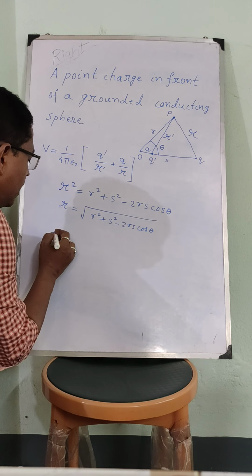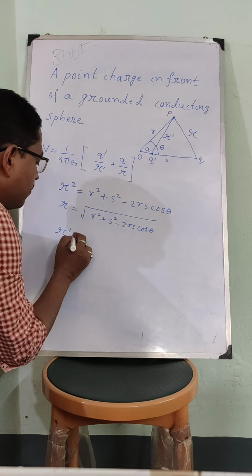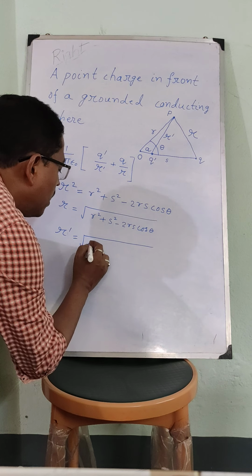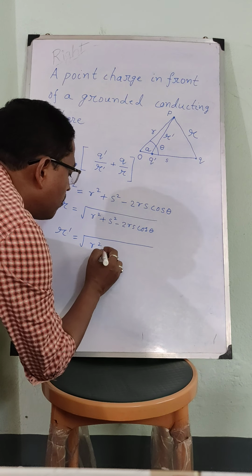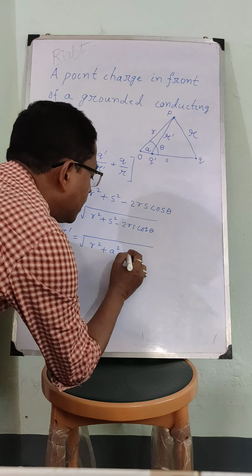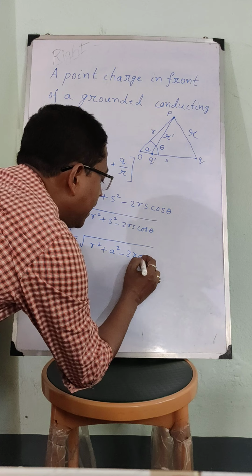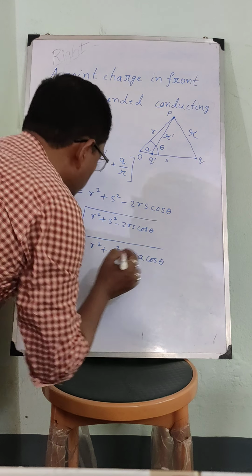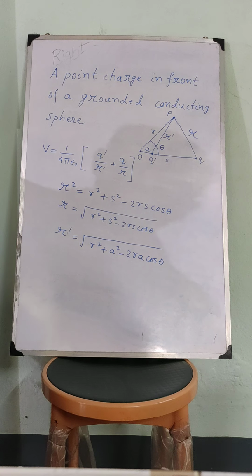Similarly, r prime is equal to root over r square plus s square minus 2ra cos theta. So, this is our r prime.